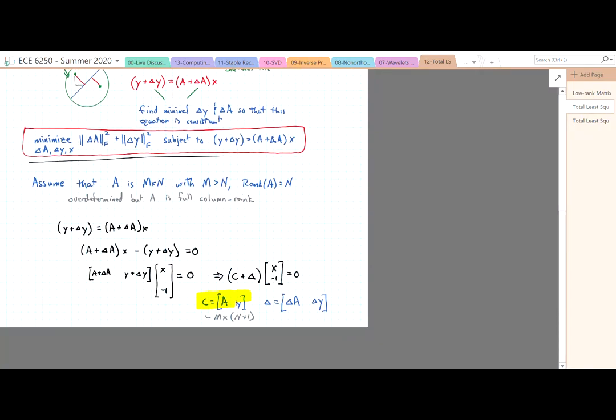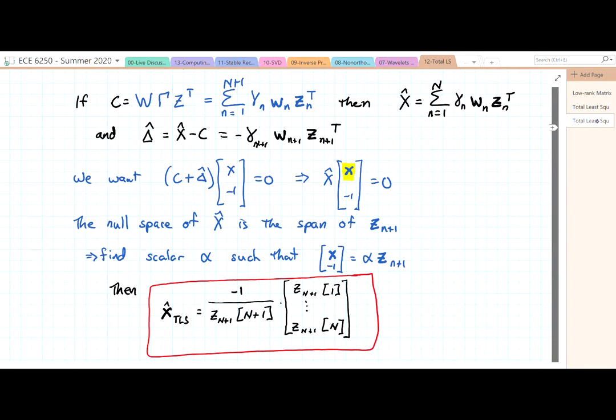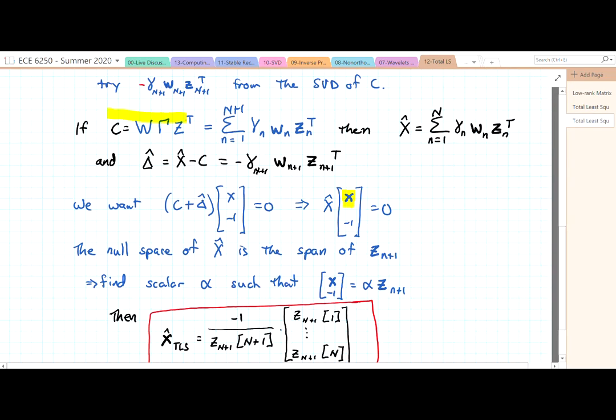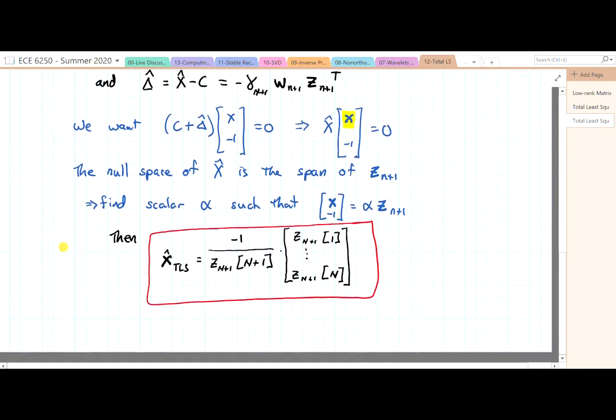We take A, we augment it with Y, we find the singular value decomposition of C. Then we take the very last vector and normalize it by -1 over the last element of the vector, and we take the first n elements, and that's our total least squares solution.